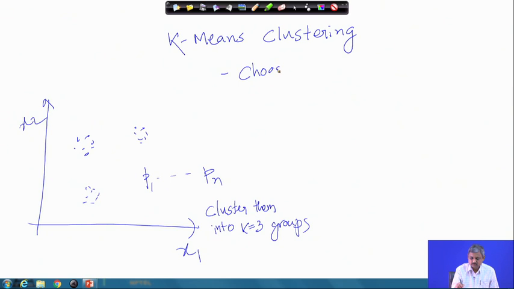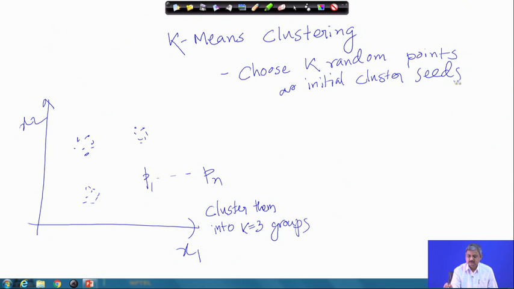Choose k random points as initial cluster seeds. Just out of these n points, randomly pick up k points. So, suppose this is 1 point, this is 1 point and this is 1 point. Here I am lucky that I have got the 3 points in 3 clusters. That may not happen, all the 3 points may come from the same cluster if you randomly choose them. Okay, let us be optimistic. So, I have 3 points initially chosen.